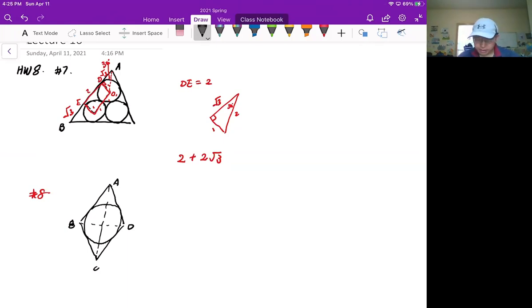All right, so let's say this is O, and I want to figure out the ratio of the area of ABCD over the area of the circle. So it's the area of ABCD divided by the area of the circle, right? I want to find the minimum value of that ratio. Okay, so here is how we can do this.